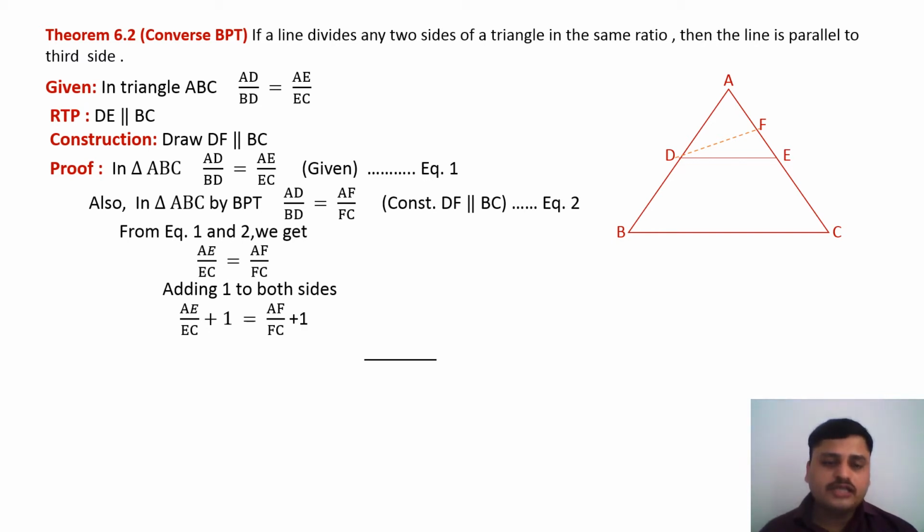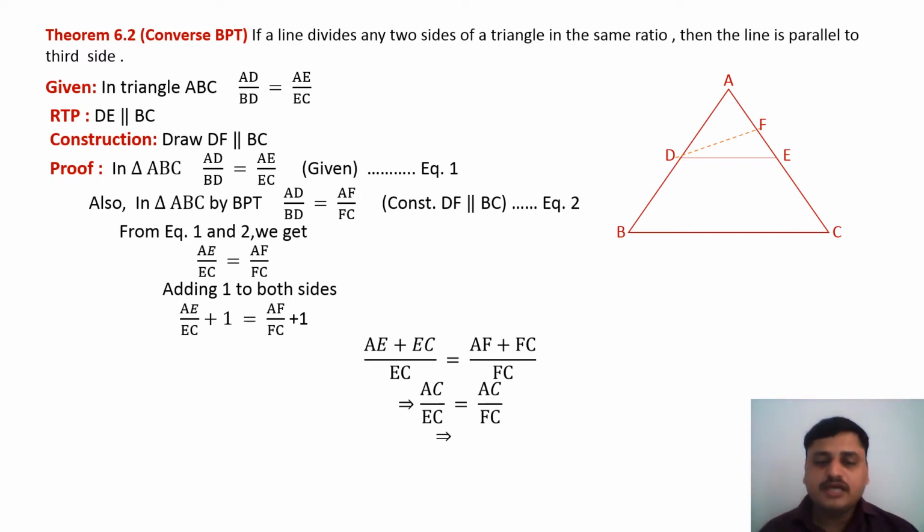Now take the LCM. After taking the LCM, AE plus EC divided by EC is equal to AF plus FC divided by FC. From the figure, AE plus EC is AC, so AC by EC is equal to AC by FC. AC will be cancelled, so we can say that EC is equal to FC. This is possible only when E and F coincide.